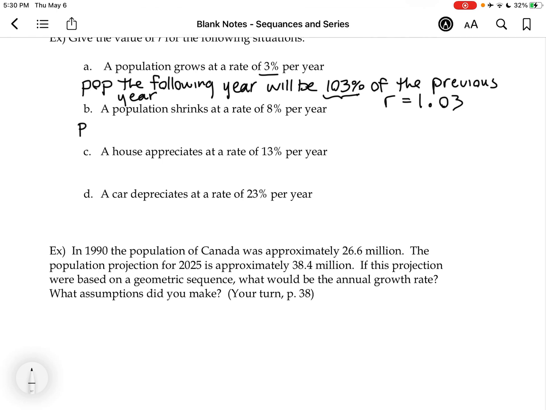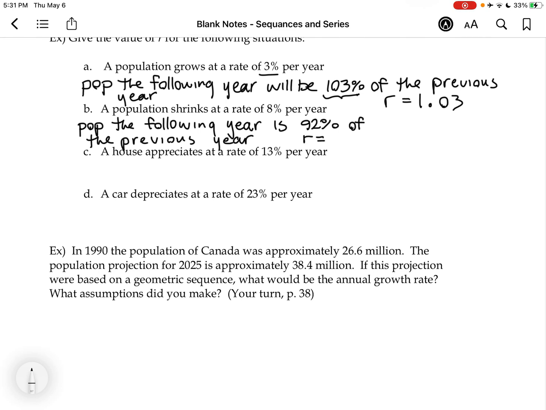Okay, so the population the following year is 92% of the previous year. Okay, so what would the R value be? R is going to be 0.92. It's going to be the percent as a decimal.